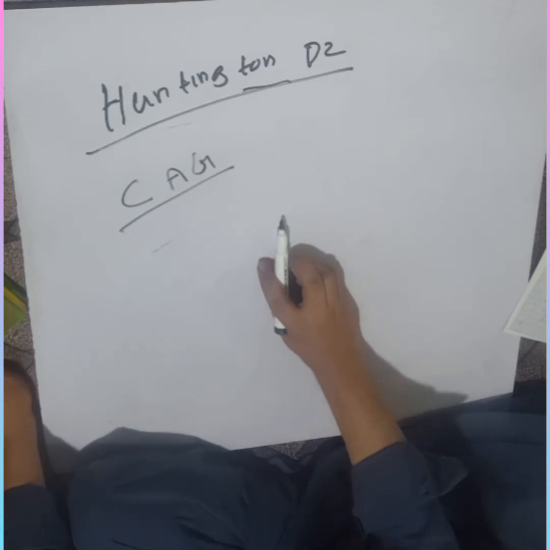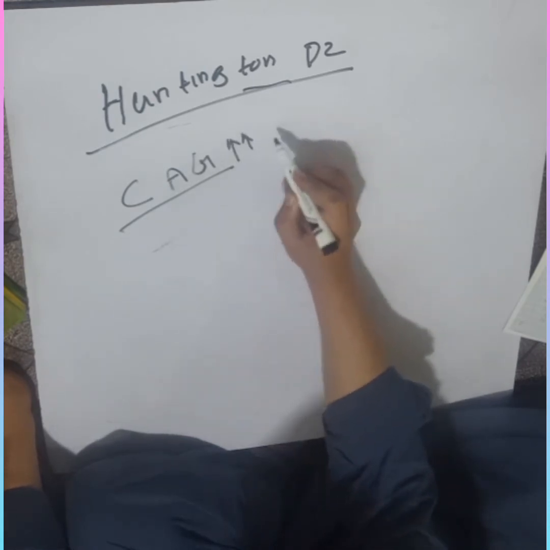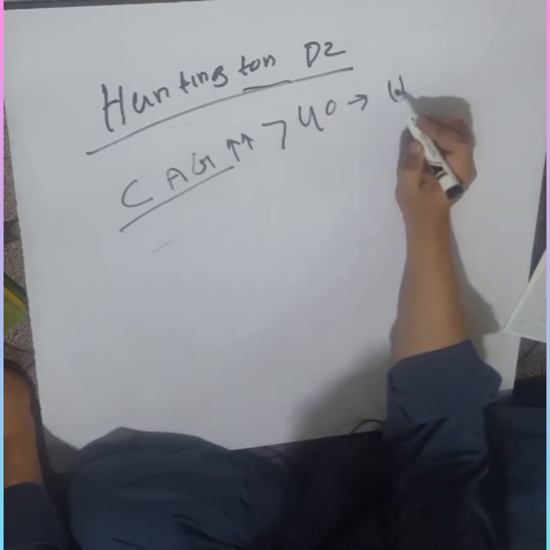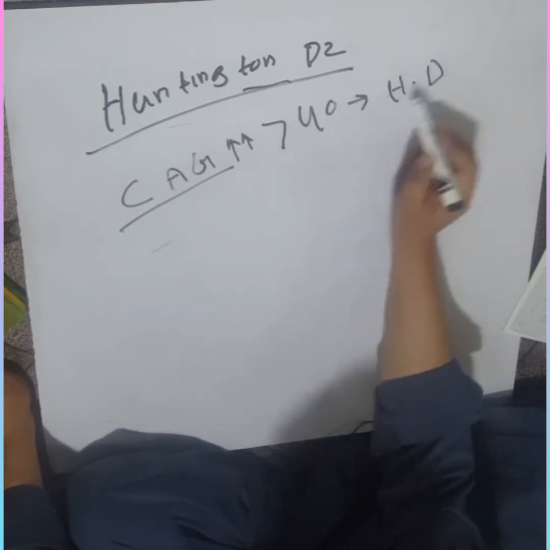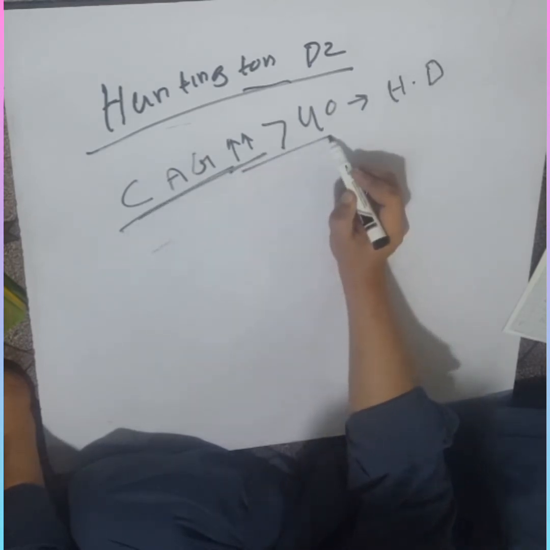When the number of CAG repeats increases to greater than 40, Huntington disease occurs.